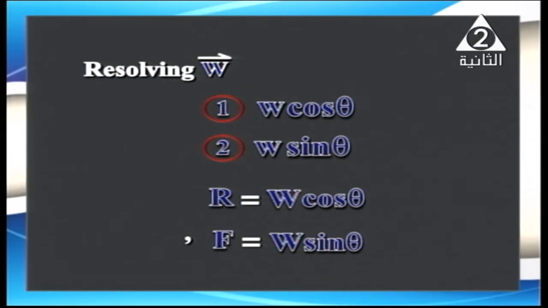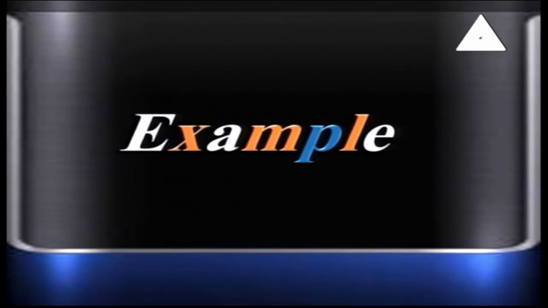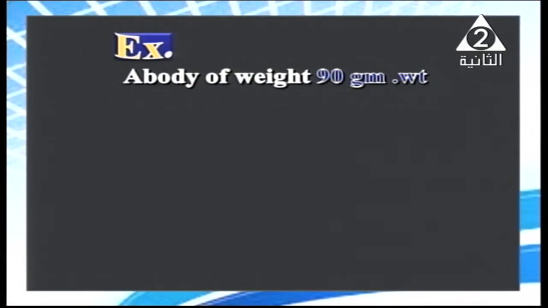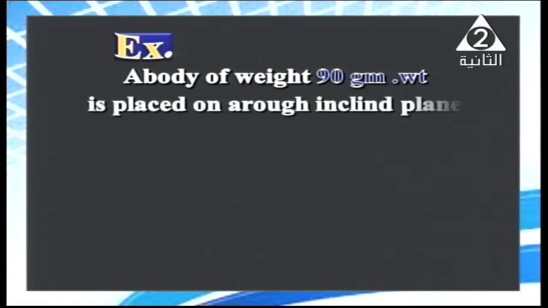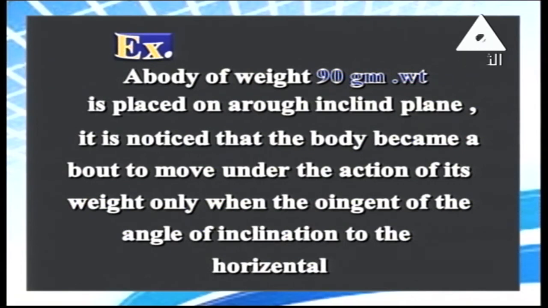Now we are moving to two important examples. My dear student, look at this example, it is very important. A body of weight 90 gram weight is placed on a rough inclined plane. It is noticed that the body is about to move under the action of its weight only when the tangent of the angle of inclination to the horizontal equals 2/3.